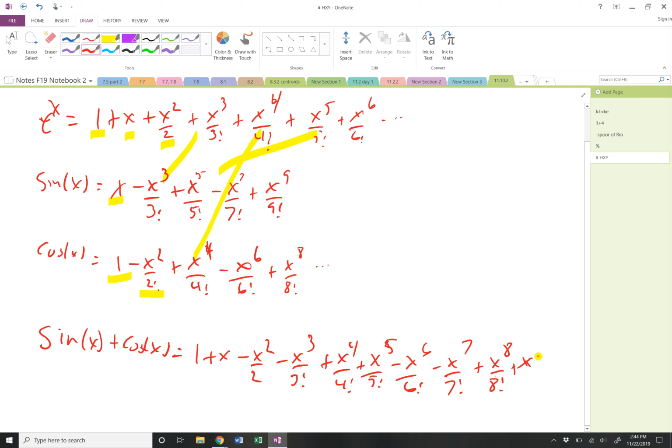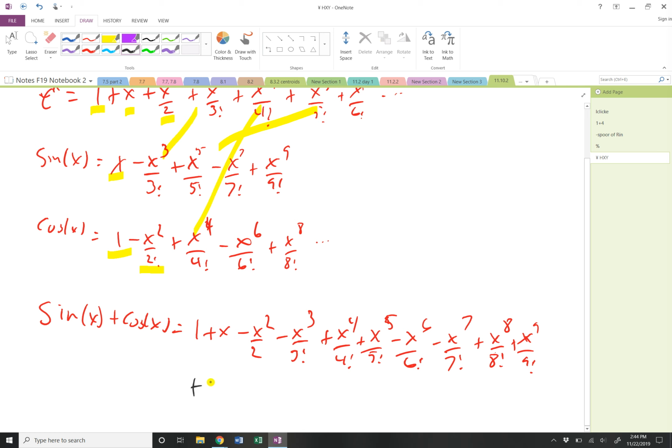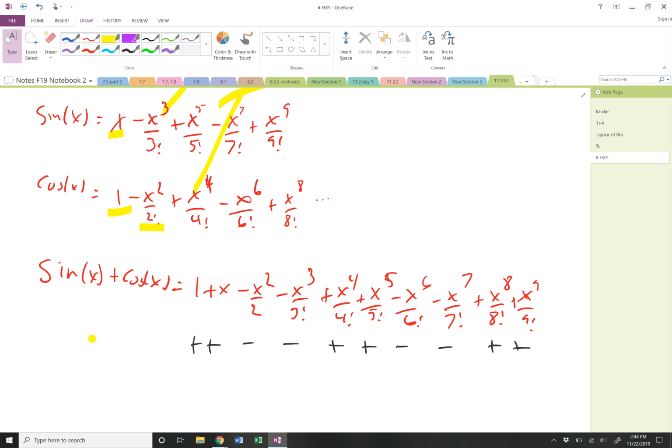So we're pretty close. The problem is those signs. Right? The signs go positive, positive, negative, negative, positive, positive, negative, negative, positive, positive, negative, negative. Do you remember anything from your past that also went positive, positive, negative, negative?